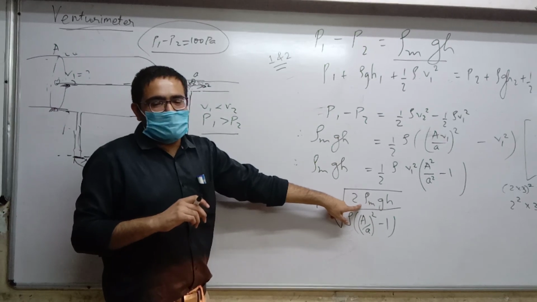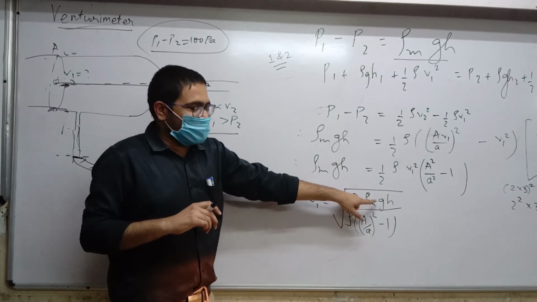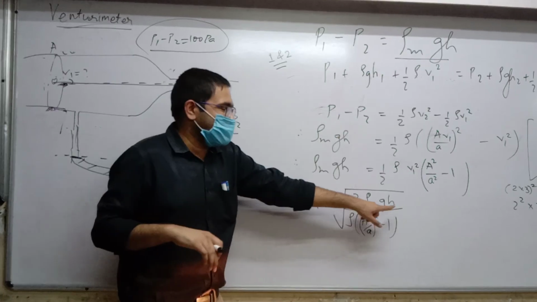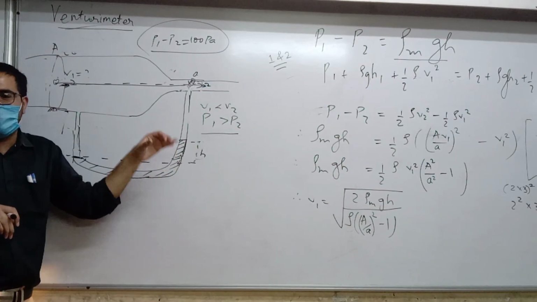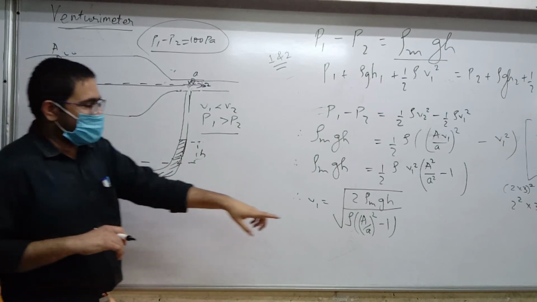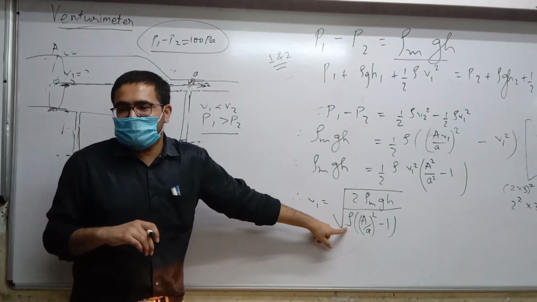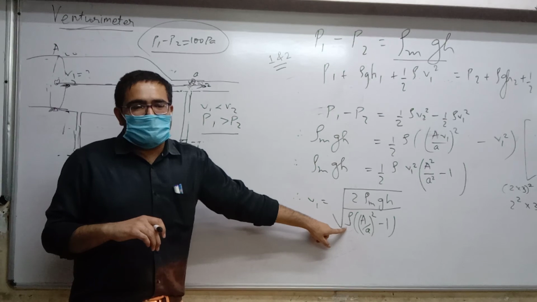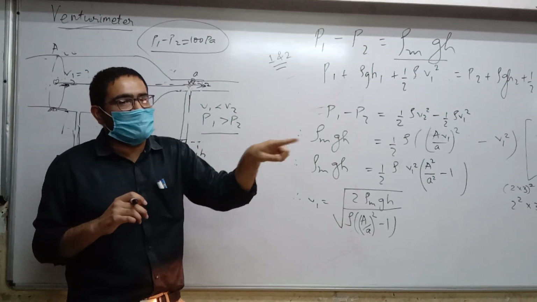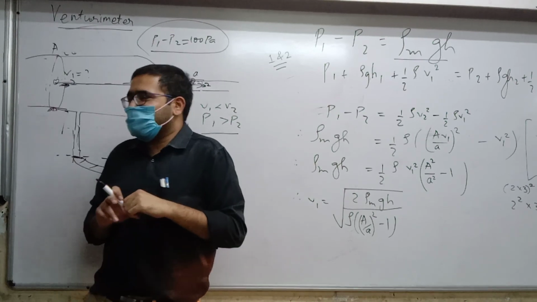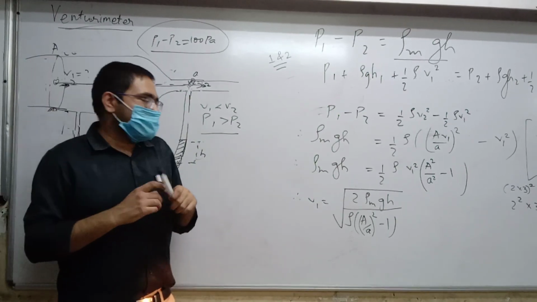Rho m for density of mercury, g for gravity, h for difference of mercury level or difference of heights of mercury. Next, this rho for density of flowing fluid. Density of the flowing fluid.